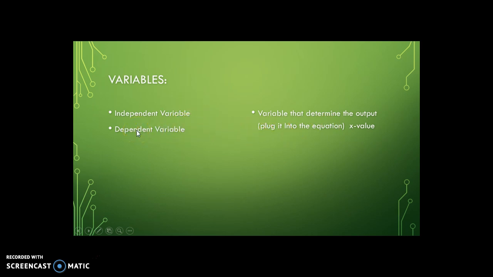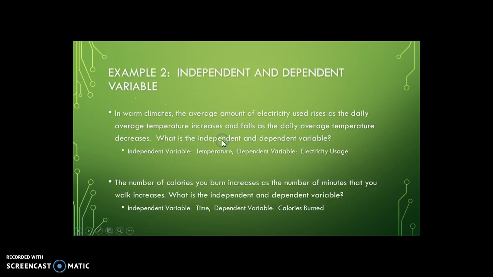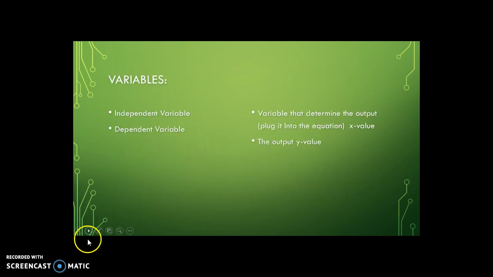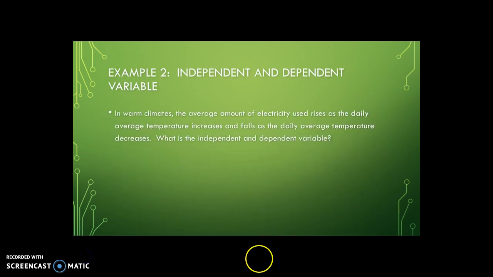So the dependent variable is dependent on what the independent variable is. And the output is the y value. So the dependent variable is the output. If you were thinking in terms of an equation, it would be the y value. And your job is to identify the independent variables and the dependent variables. All right, so here's our first story.